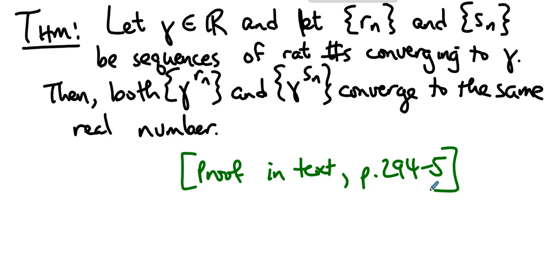So in the same way that we said early in our course that if you take any Cauchy sequence that converges to a particular real number, any Cauchy sequence will do. That's what this is saying. It doesn't matter what sequence r sub n or s sub n you choose.